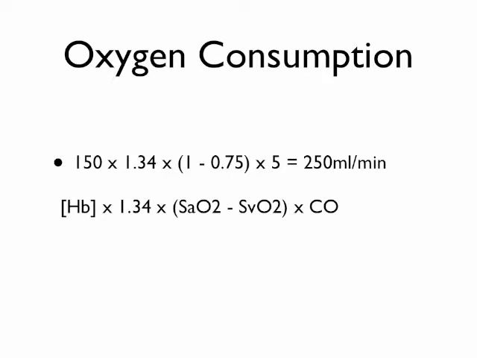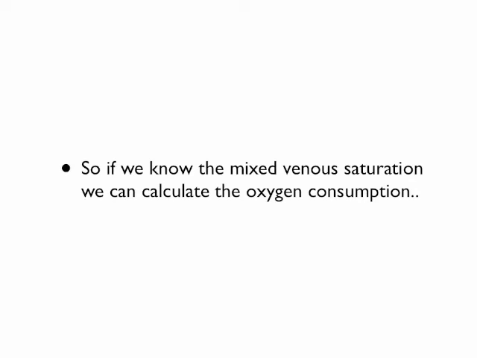So that's the standard healthy person oxygen consumption per minute. It's in the range of 3 to 5 mils per kilo per minute, if you think about it in terms of body weight. So basically, if we know what the mixed venous saturation is, and obviously we know the arterial saturation, then we can calculate the oxygen consumption.